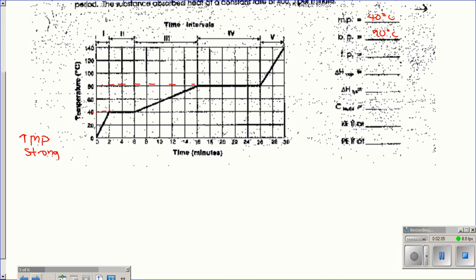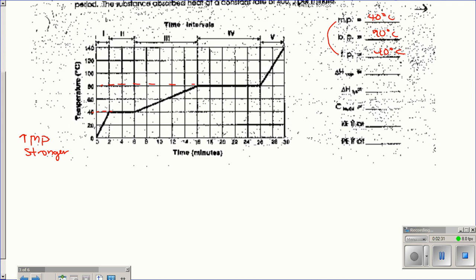So this is something that has a stronger particle attraction than water, something stronger than a polar bond. Notice that melting point and freezing point, trying to trip you up here, those are the exact same thing. The substance melts and freezes at 40 degrees Celsius.